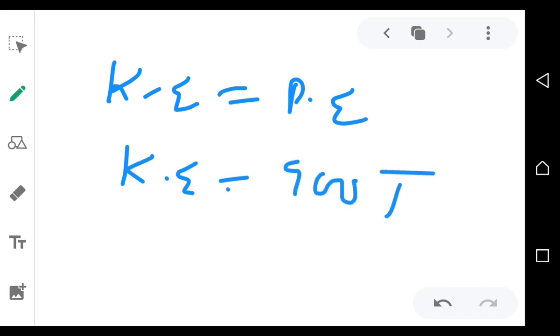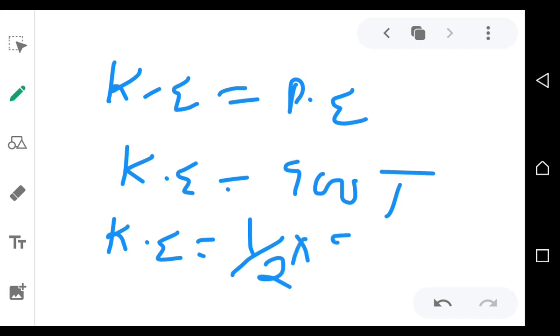But it is halfway, so it means kinetic energy times half of that. Half of 900 is 450 joules. That's the answer. That's how you calculate.